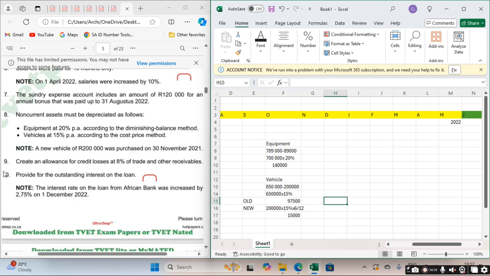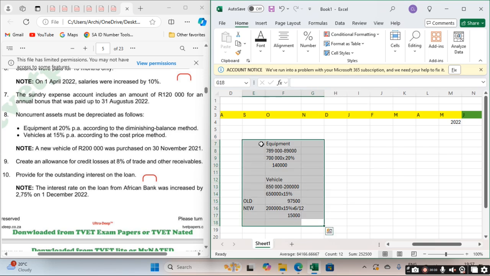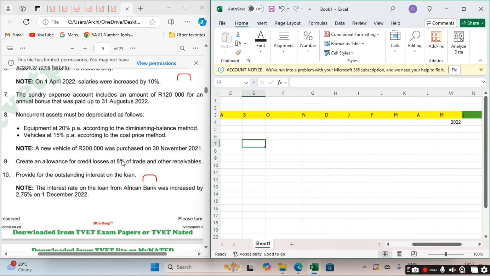So moving on, they say number 9, create an allowance for credit losses at 8% of trade and other receivables. So we're doing 8% of trade and other receivables. We're going to say 8% multiplied by, open bracket, 8% of what?